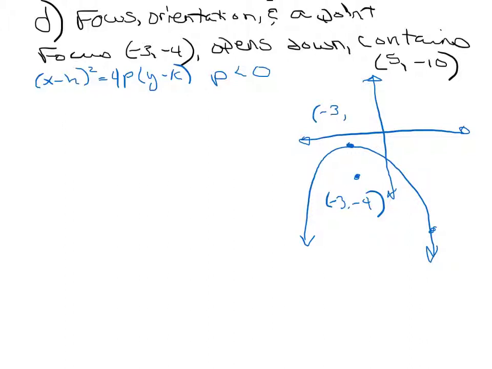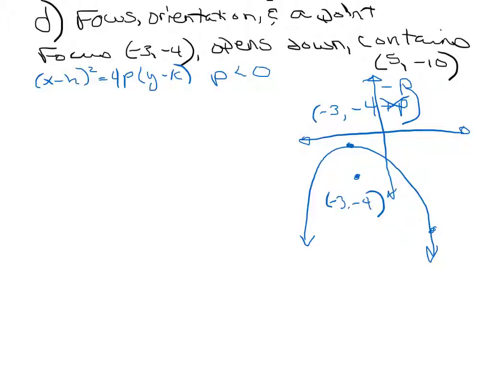It goes back just as far, and my vertex is going to be up from my focus. So I'm going to take my -4 and add p. But just like before, I know that p has to be negative. So if I want to go up, I'm again going to have to subtract here. So I'm going to go ahead and say, I actually want that to be minus p. I'm going to adjust that based on my drawing and what I know.